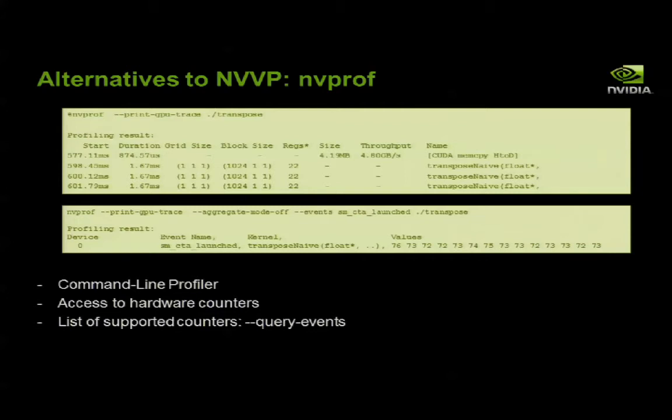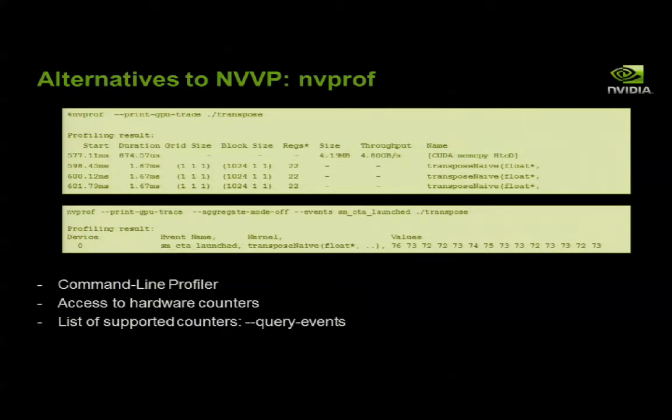Now one of the challenges with doing these high-level analyses as we have in NVVP is that it needs to collect quite a bit of data from the kernel that is running. On the GPU, we only have a limited set of performance counters, and we cannot, in a single run, collect all the information that is necessary to make some of these high-level analyses or high-level metrics.